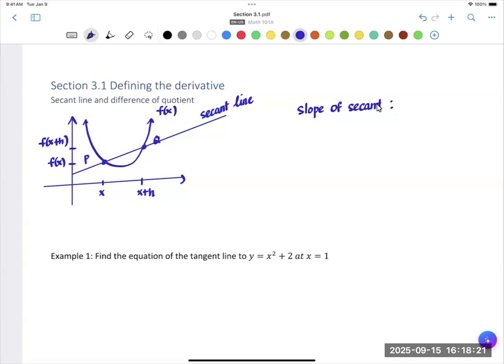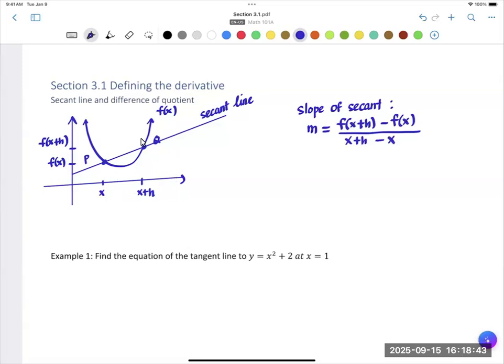The slope of the secant line is rise over run, or y2 minus y1 over x2 minus x1. So the slope of the secant line is found by taking f of x plus h minus f of x, over x plus h minus x.